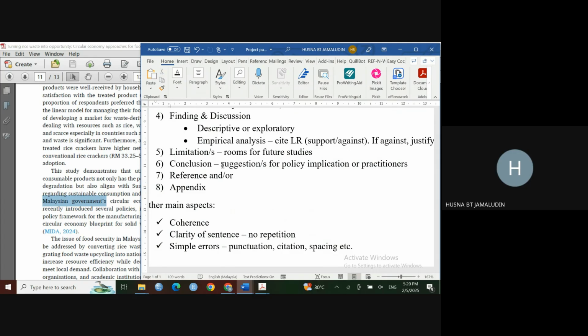You want to propose to whom? To households to reduce their food waste, or to government to implement a strict policy, whatever. So there must be someone that you suggest to, so that they can do something to improve the situation. So conclusion, two things. You conclude your finding. Second, you give your solution. That's it.